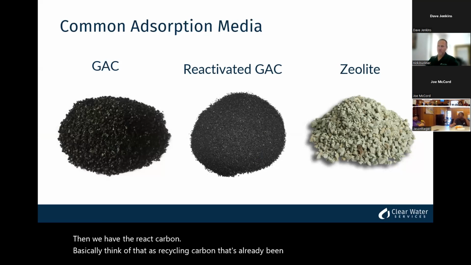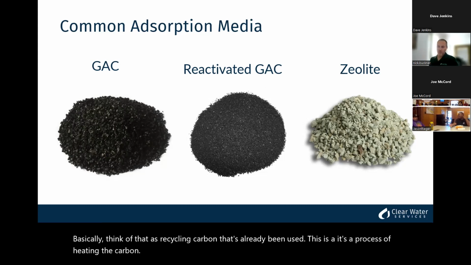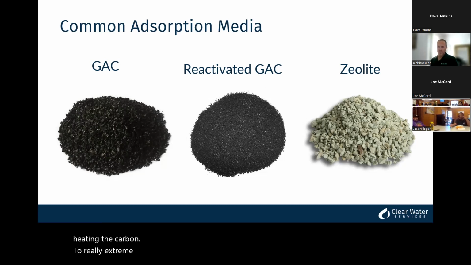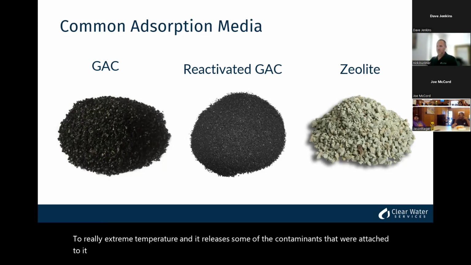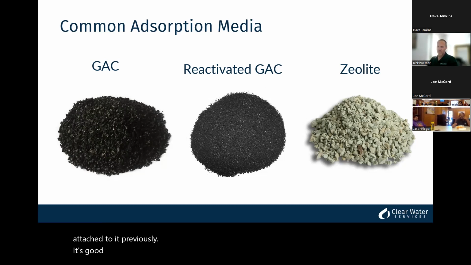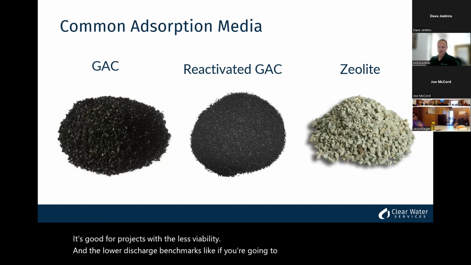It's a process of heating the carbon to a really extreme temperature, and it releases some of the contaminants that were attached to it previously. It's good for projects with less liability and lower discharge benchmarks, like if you're going to a sanitary sewer system. And then we have medias like zeolite.